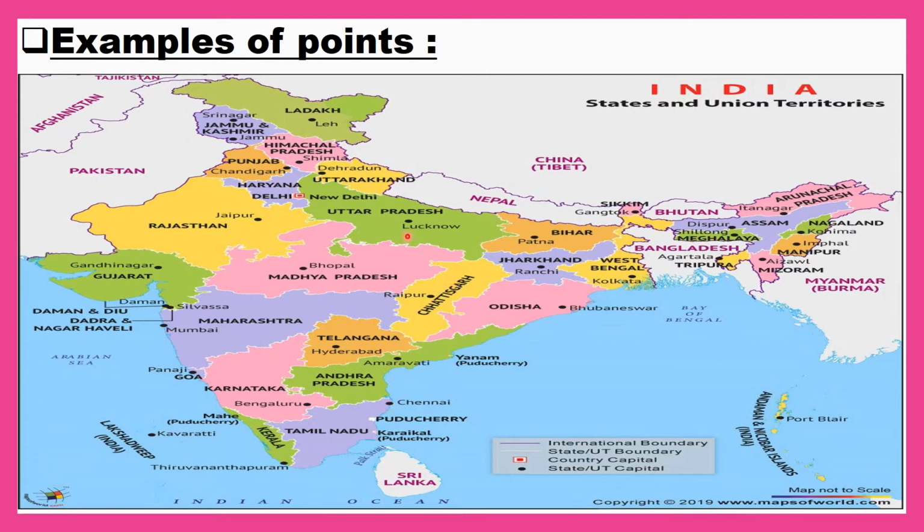These points refer to the exact place like Bhopal, Patna and Rajasthan, etc. Hence, we can say that a point represents a location, a point has an exact position, a point has no dimension, that is, it has no length, breadth or thickness.